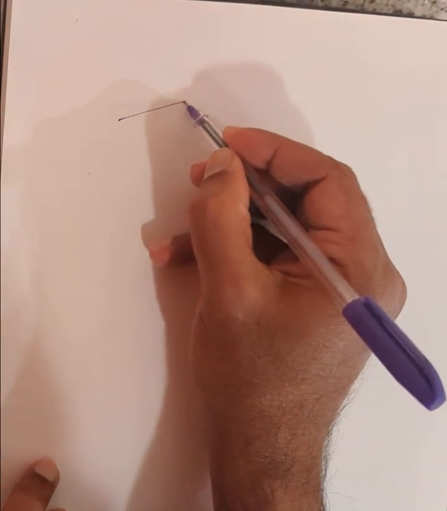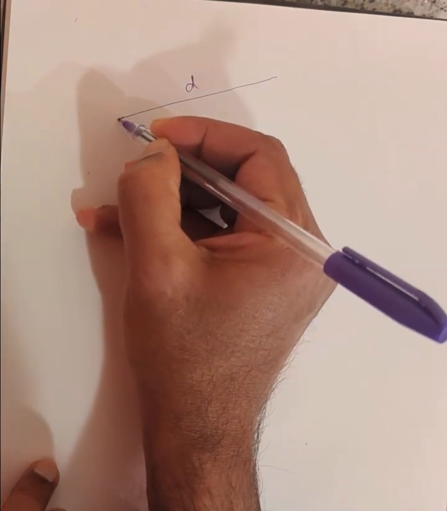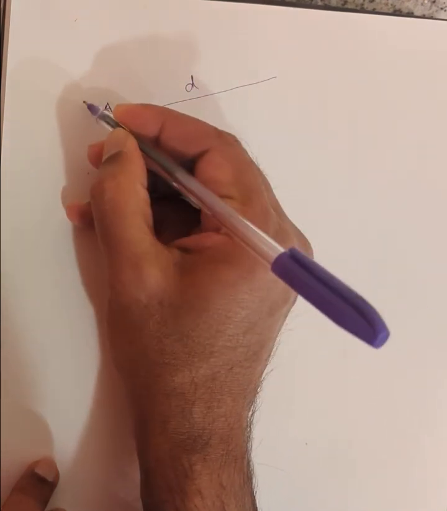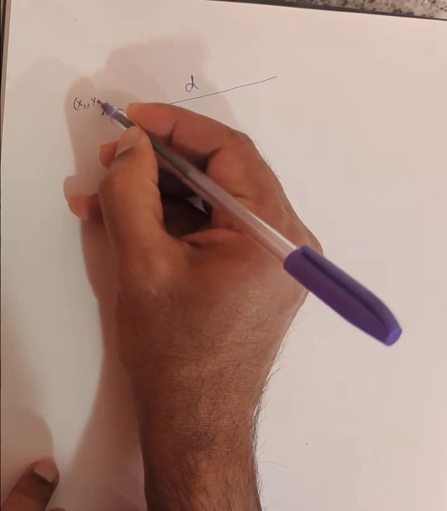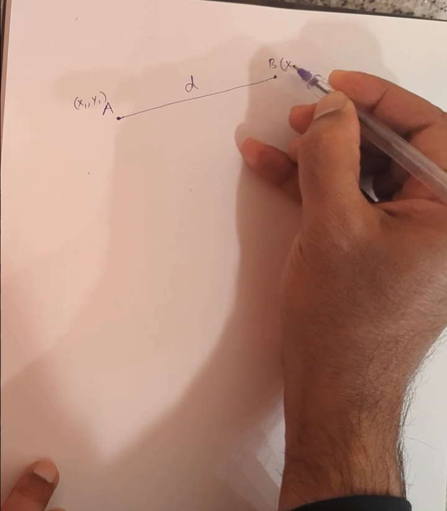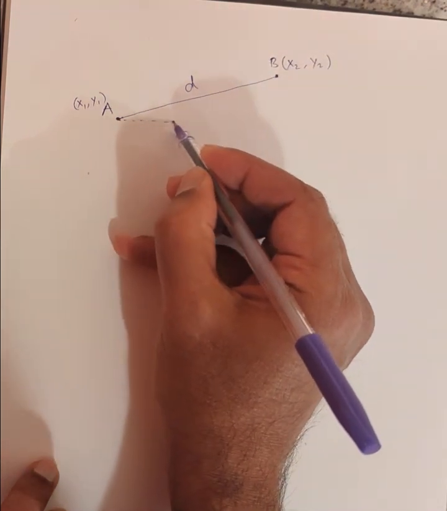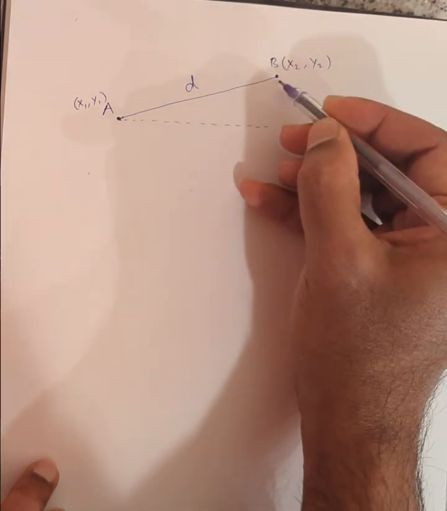Let's do it on a separate sheet of paper. So you have this distance D between A and B. A is x1, y1 and B is x2, y2. So this distance D can be thought of as the hypotenuse of this right triangle.